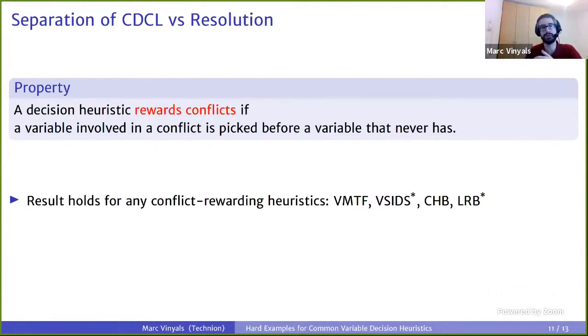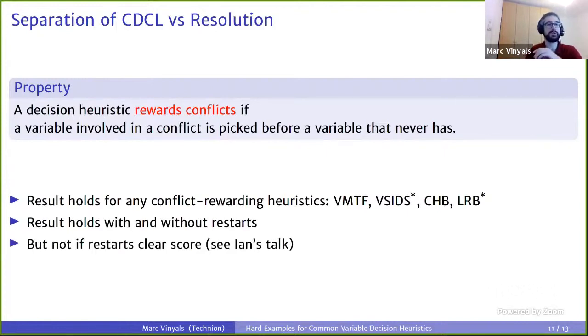So variable move to front, VSIDS, CHB, LRB, all of them have this property, and they will be tricked by this kind of formula. Also, the result holds no matter whether you have or you don't have restarts. But interestingly, it doesn't hold if you clear the score of the variables when you restart. And Ian is going to talk more about this in a while.